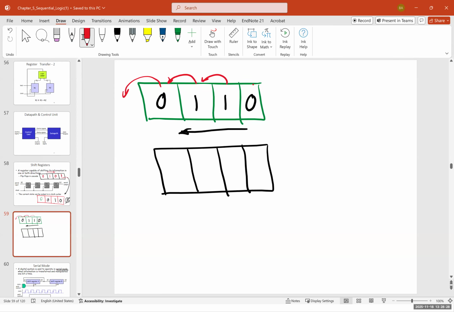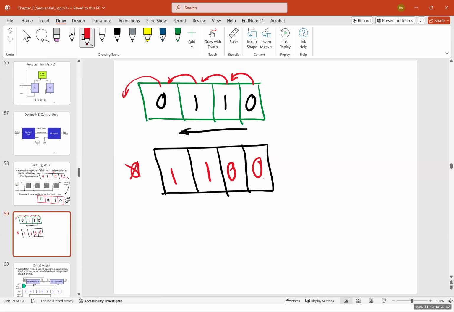Each bit is going to be shifted 1 to the left. 1, 1, 0, 0. The last one, which is empty, we add another 0. And the 0 would fall out, okay? So this is shift left, okay?